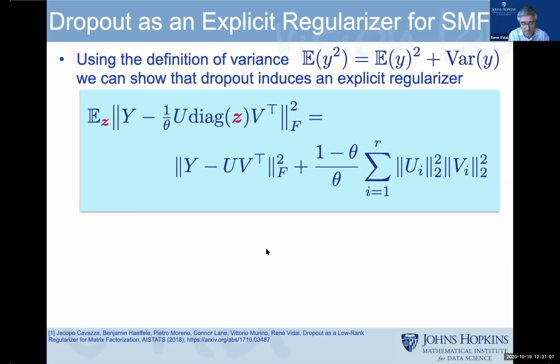Then that expected value can be computed in closed form, and it's exactly equal to the square loss, the one that you thought you were optimizing with dropout, plus an explicit regularizer. And this explicit regularizer has exactly the form of sums of products of weights that I was talking about. The primary difference is that it is the product of the squares of the weights, as opposed to just the product of the weights.